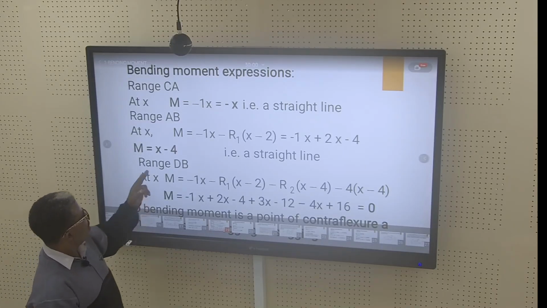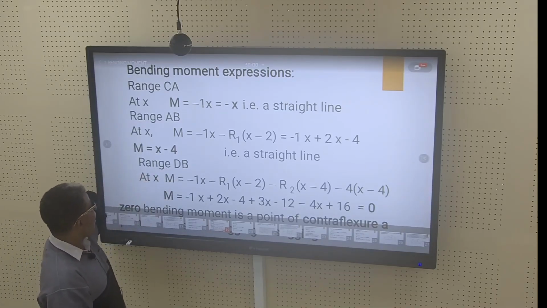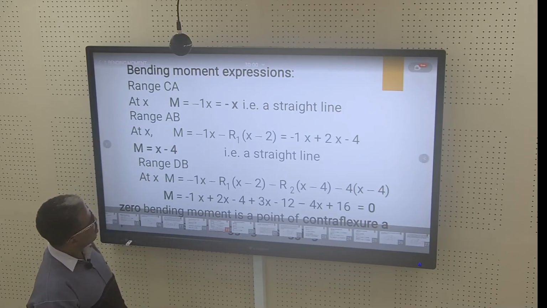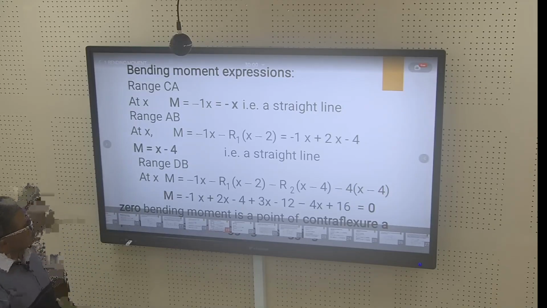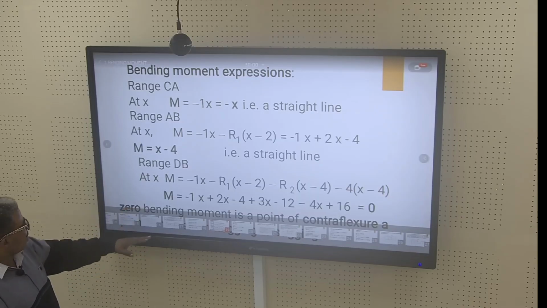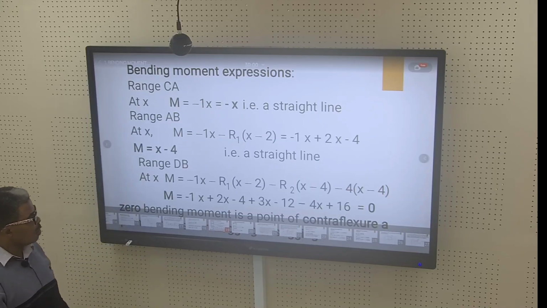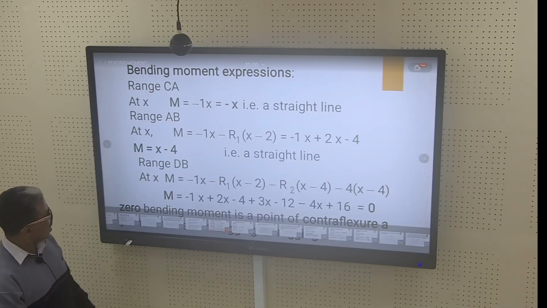So R1 times X minus R1 in bracket X minus 2, it becomes negative 1x plus 2x minus 4. Putting the like terms together, you simply get the expression x minus 4, which is a straight line.